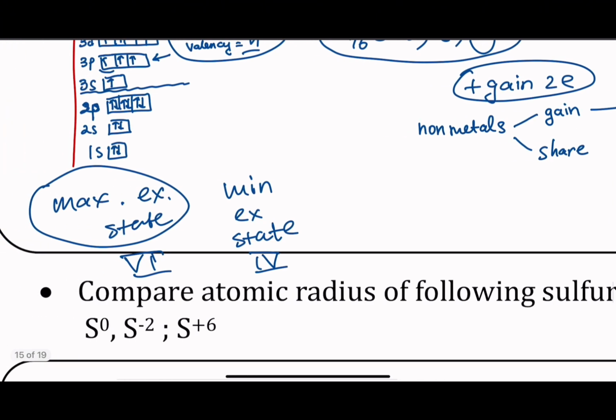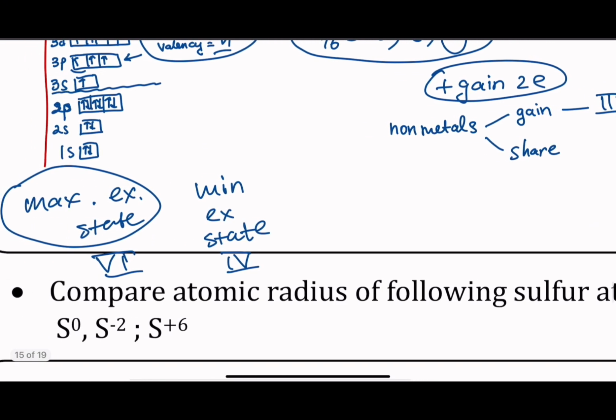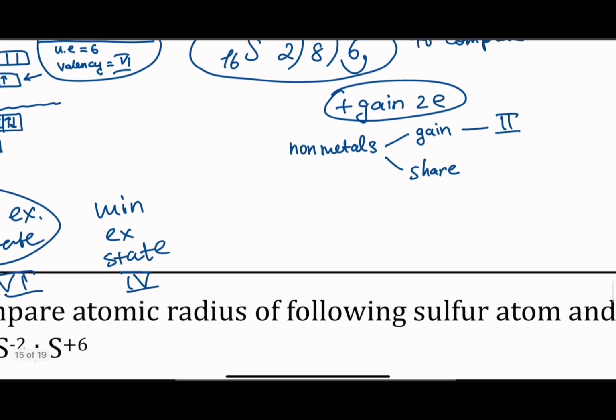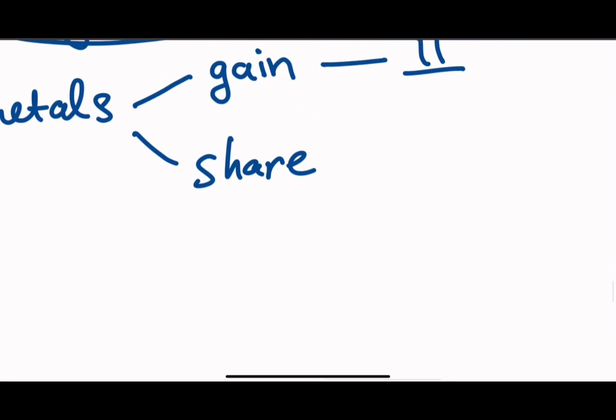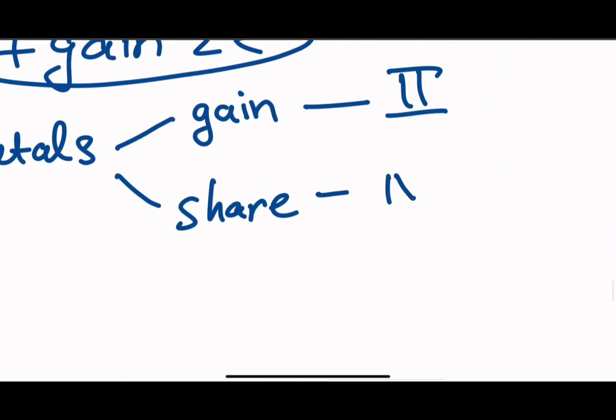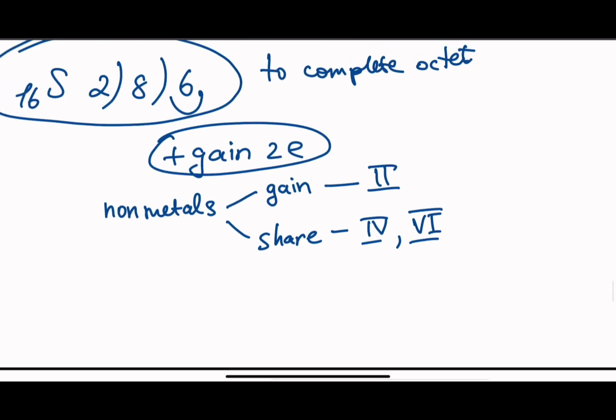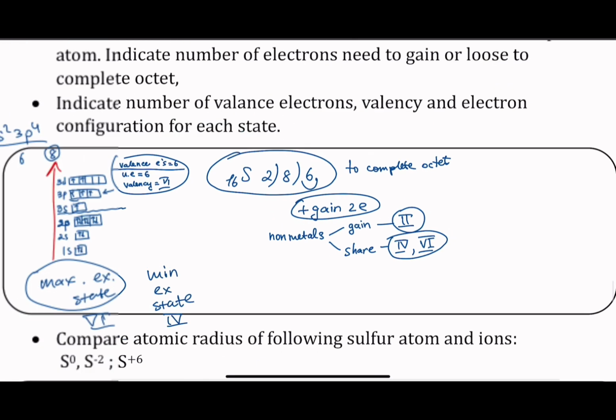And those cases are when nonmetals share the valence electrons, which is why we have 2 cases, 4 and 6 valences for sulfur. Okay, so valency 2 is obtained mostly when it's gaining electrons, and when they share, they have the valency of 4 and 6.